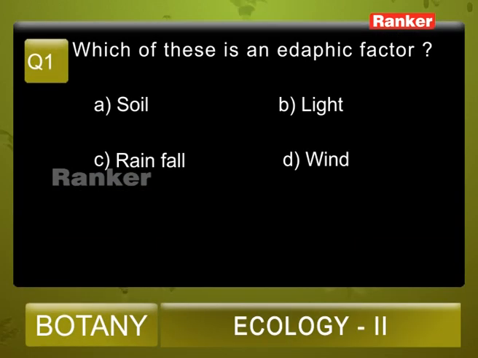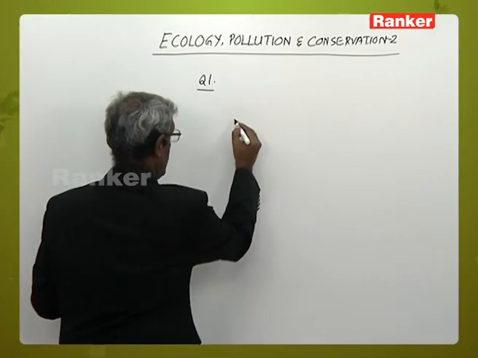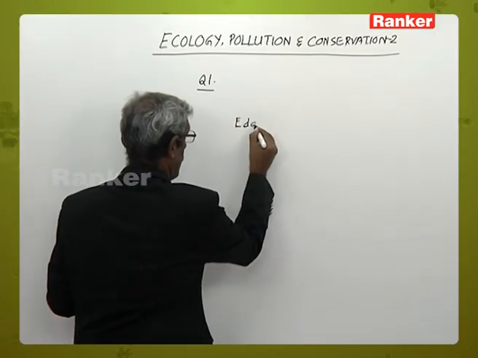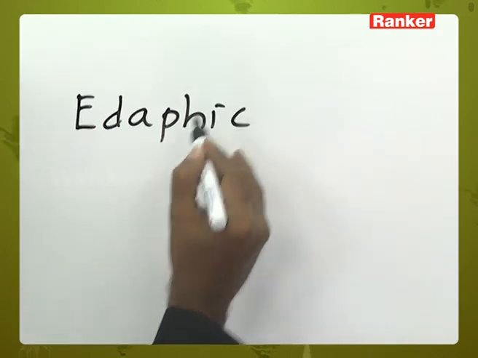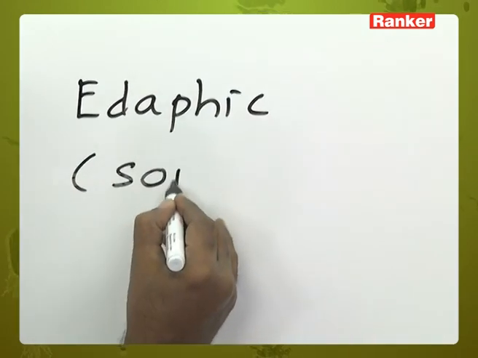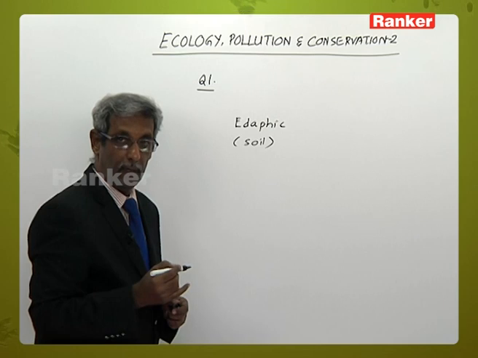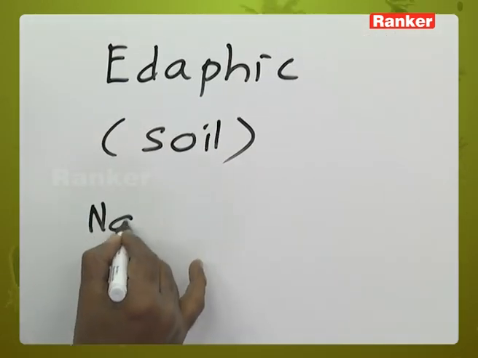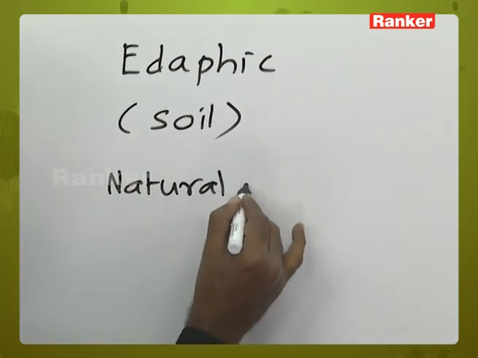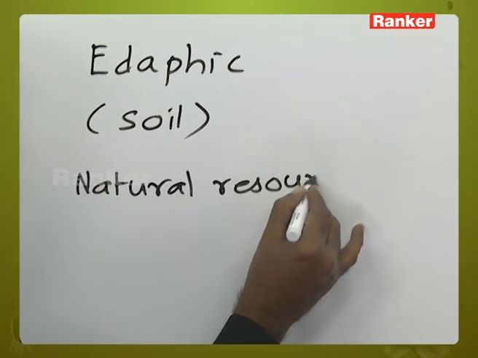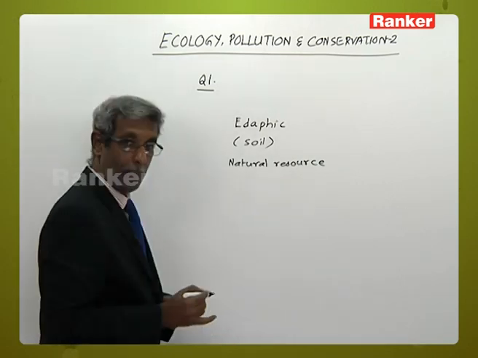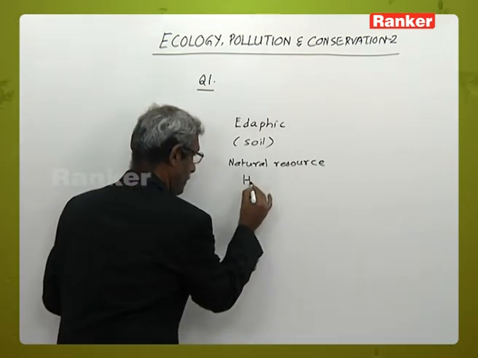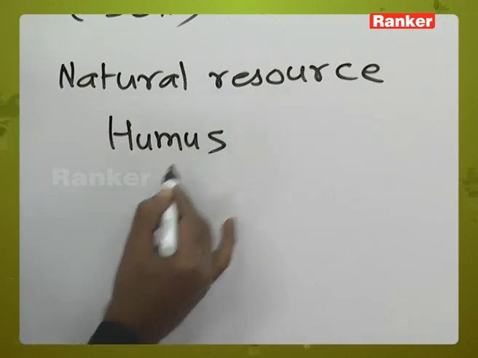Which of these is an edaphic factor? A. Soil, B. Light, C. Rainfall, D. Wind. Edaphic relates to soil. Now, soils are very important because soil is a natural resource. Soil primarily is made up of humus and colloids.